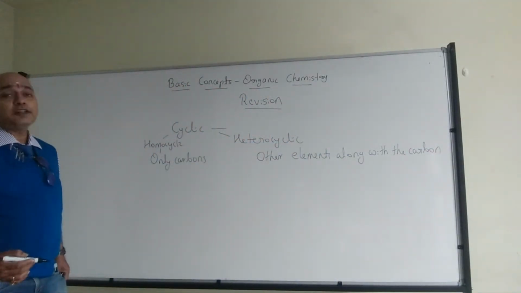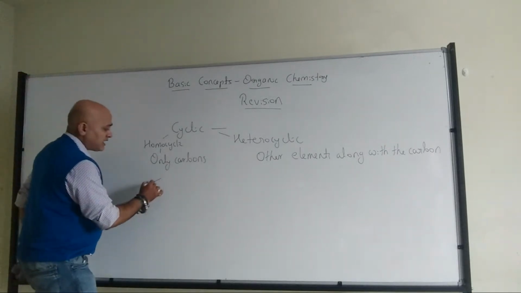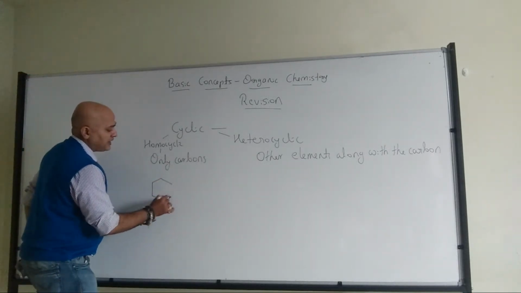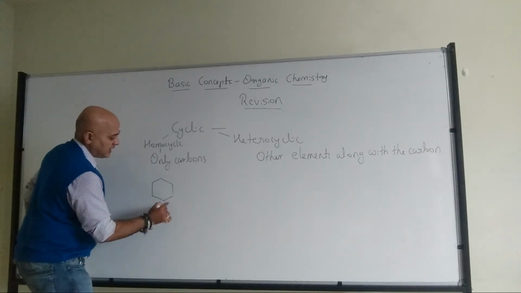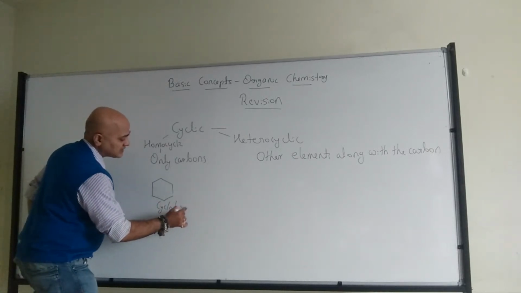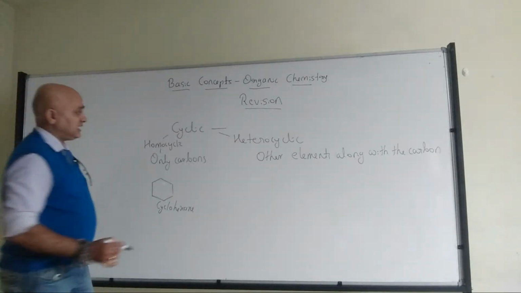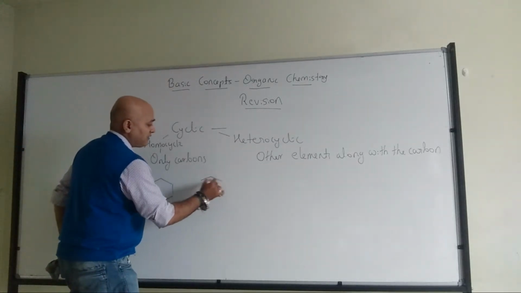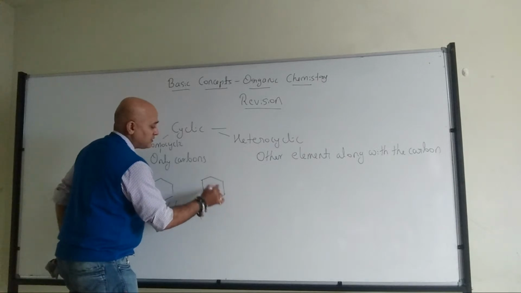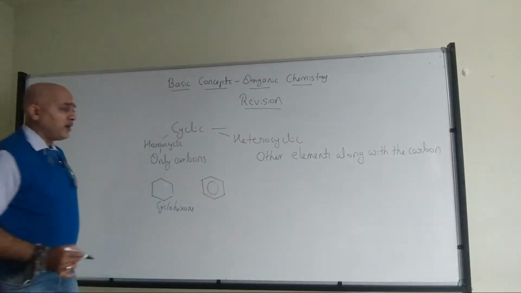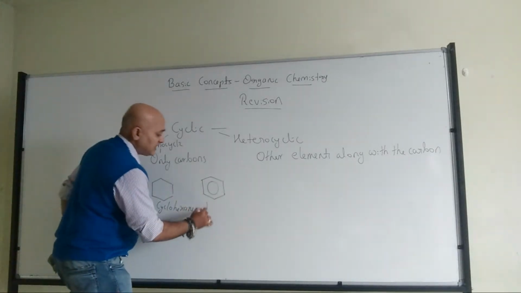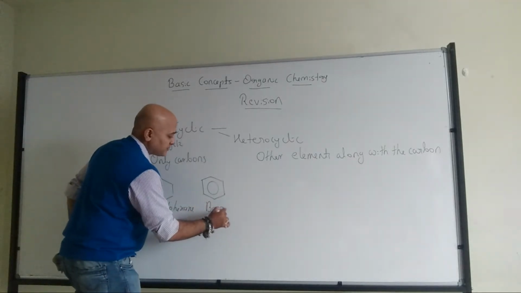Say for example, I have cyclohexane, which can be the example for a homocyclic compound. Then I have benzene, which can also be an example for a homocyclic compound.